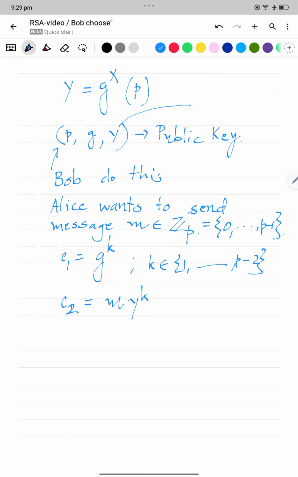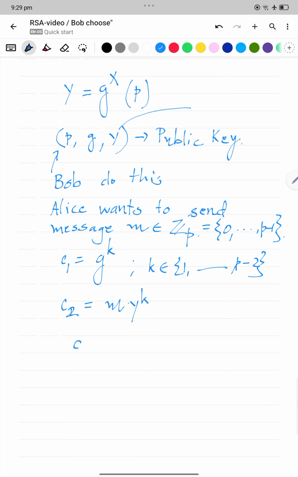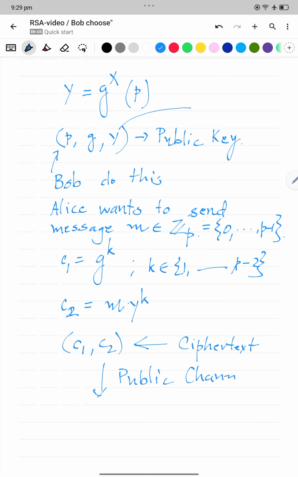Now C1, C2 is the ciphertext, which will be sent through a public channel. If anybody intercepts, this is an encryption of M, so they cannot figure out what the message M is.